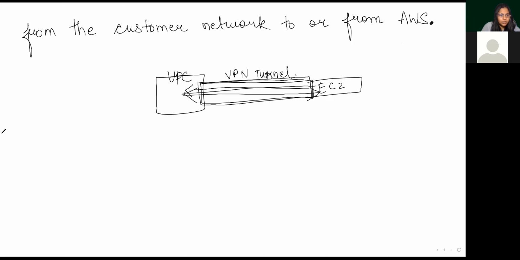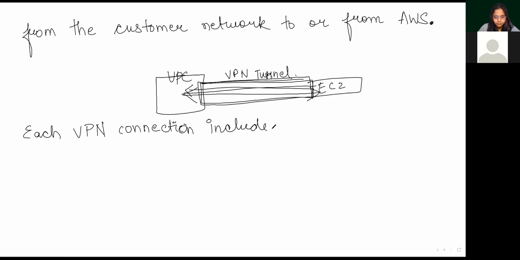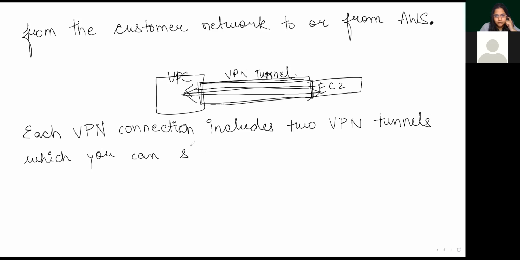So each VPN connection includes 2 VPN tunnels which you can simultaneously use for high availability.